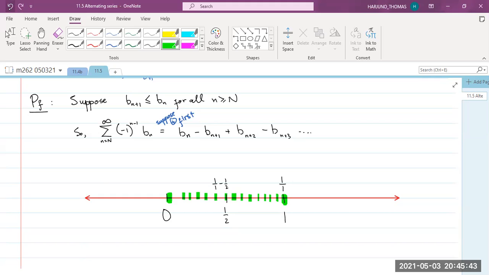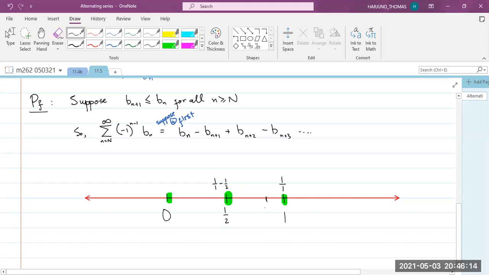In fact, after you add up to the second term, 1 minus 1/2, you get to here, right? So later on, you know that the infinite sum must be somewhere here. Now if I add 1/3, 1/2 plus 1/3 is 5/6. That is 1 minus 1/2 plus 1/3.